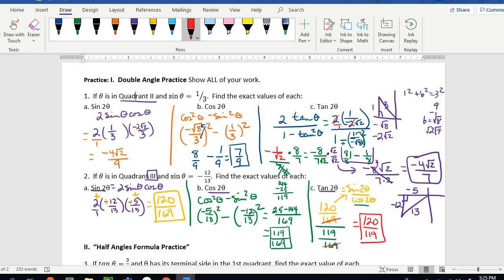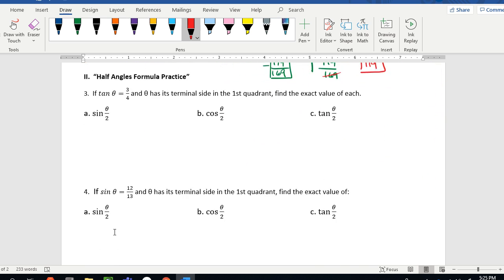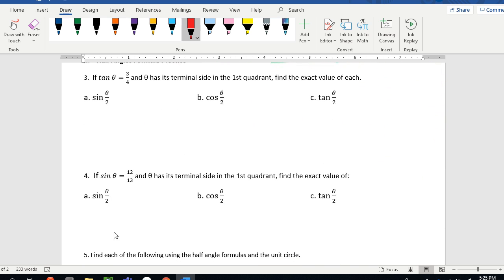Okay, let's see what else I can do real quick. Half angle, these are from Tuesday's work. So I'm in the first quadrant, quadrant 1. I have tangent is 3 over 4. This one is a 3, 4, 5 because 5 has to be the hypotenuse. You only have a 3, 4, 5 when the hypotenuse is 5.